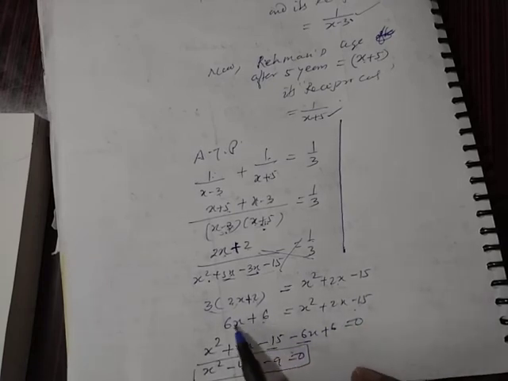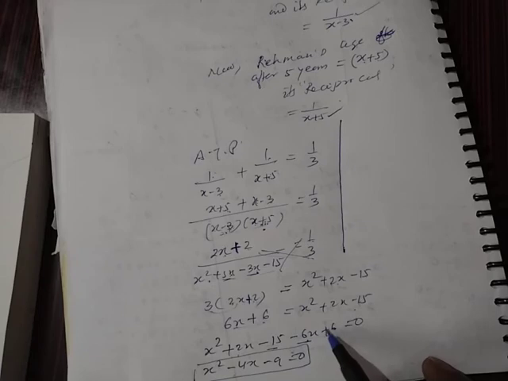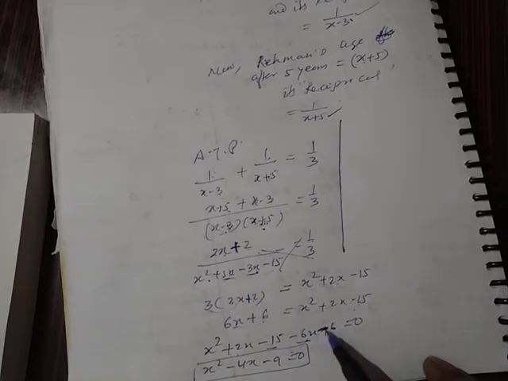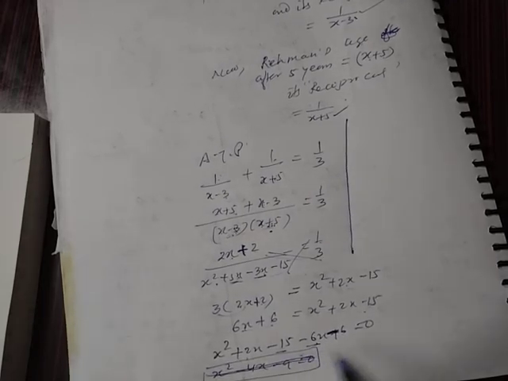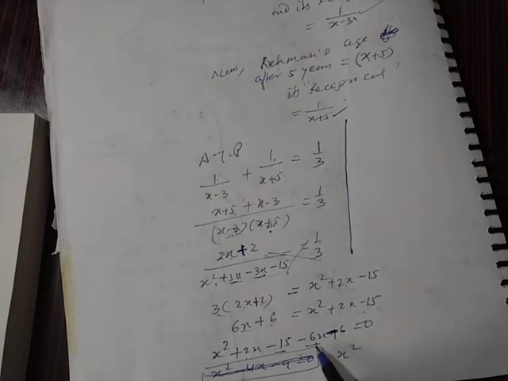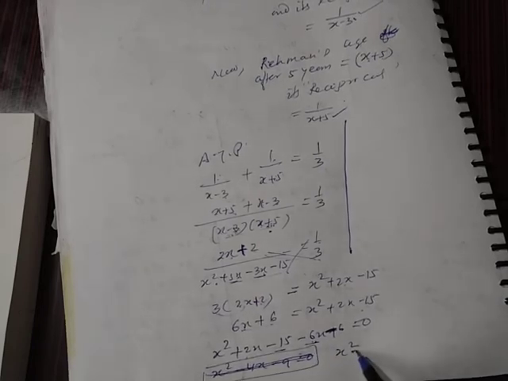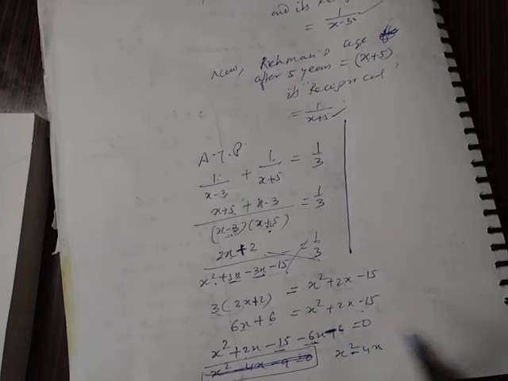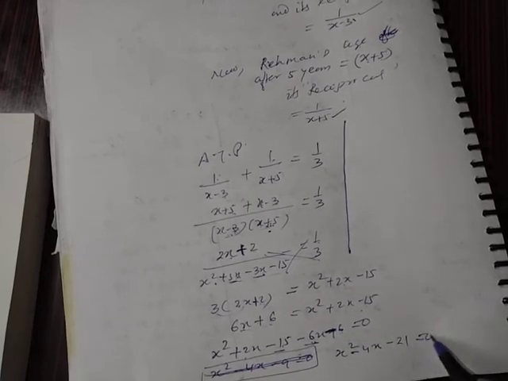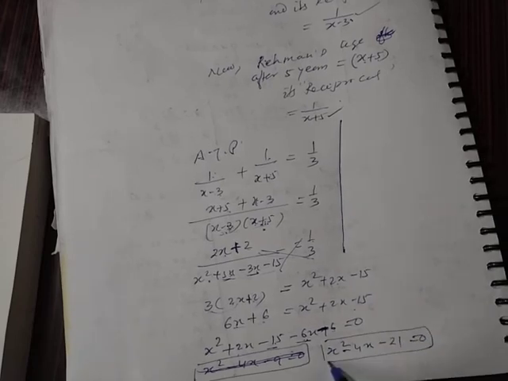Now if it is plus, then minus 6, then this quadratic equation will not come. The quadratic equation will be x square minus 6x plus 2 minus 4x and minus 15 and minus 6, minus 21 is equal to 0. This quadratic equation will be there.